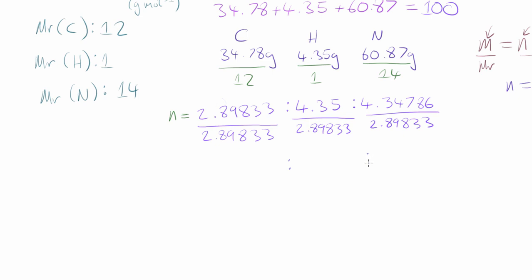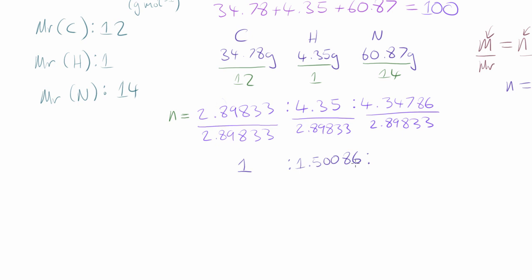But if you did do that, in the first case, we are dividing a number by itself, so of course we're going to just get 1. In the case of hydrogen, when you do this calculation, what you should get is 1.50086.